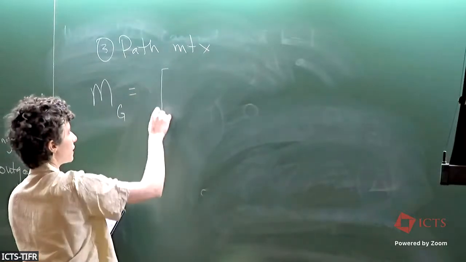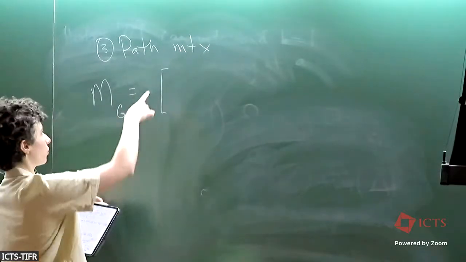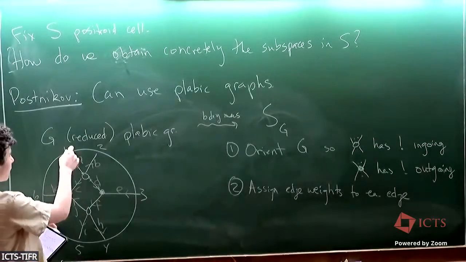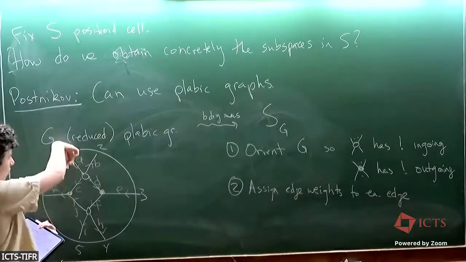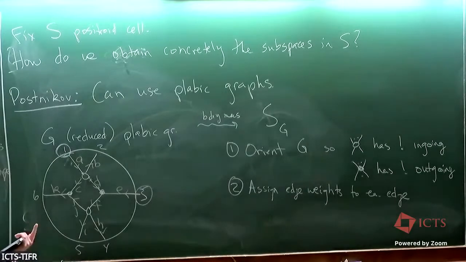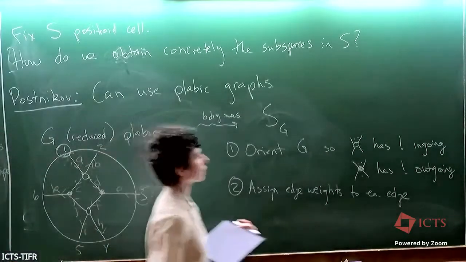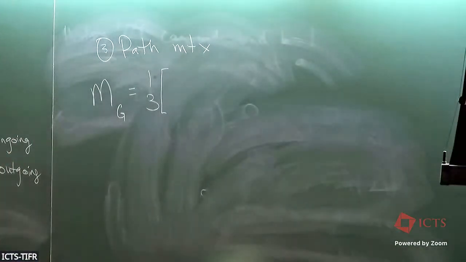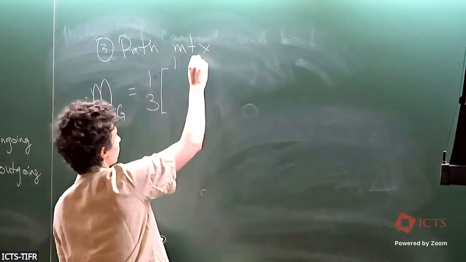Okay, so the rows of this matrix are indexed by the boundary vertices that have an arrow pointing out. So here, 1 has an arrow pointing out of it, and 3 has an arrow pointing out of it, and all of the other ones have arrows pointing in. Okay, so 1 and 3 are going to index the rows of my matrix, and then the columns will just be indexed by 1 through n.